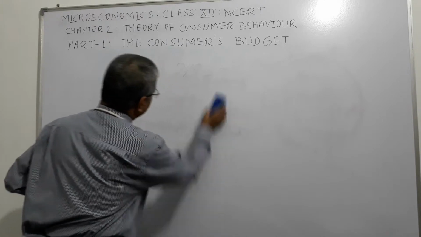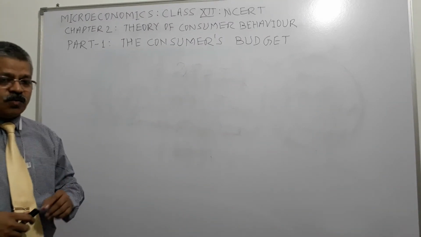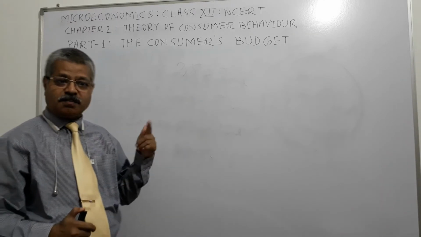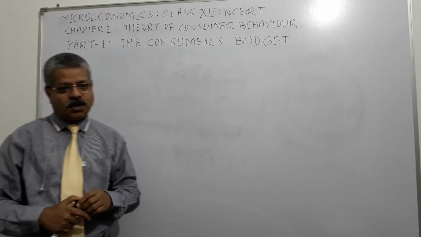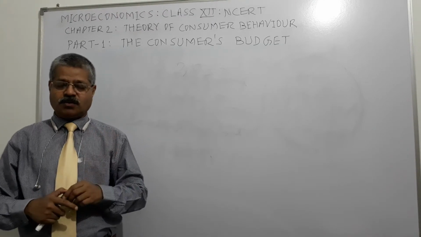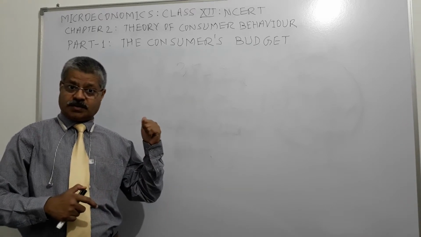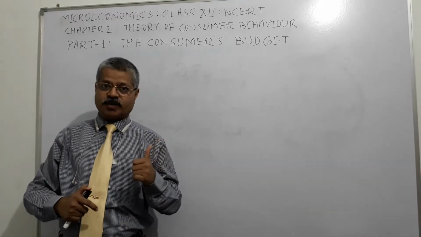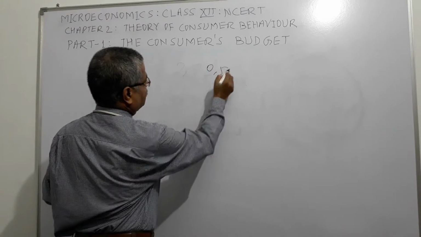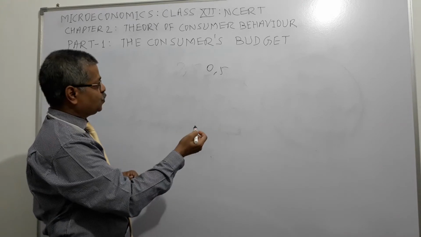Since people have limited fixed incomes, they try to choose a particular bundle. Consumption bundles available to the consumer depend upon the prices of the two goods concerned and the income of the consumer. Suppose I want to buy 0, 5, that is 0 units of good 1 and 5 units of good 2.